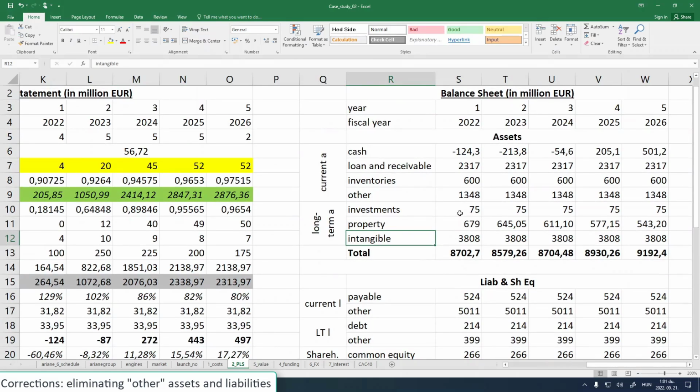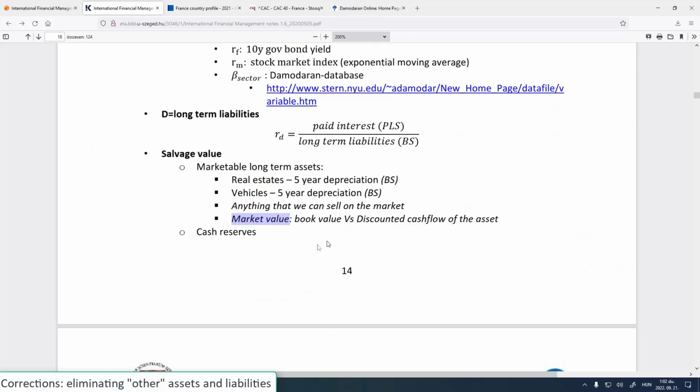The problem is that we have not so many. Okay, so we know property. We have some investments. We can assume that it's still okay, but we have intangibles, and this is a lot of money.